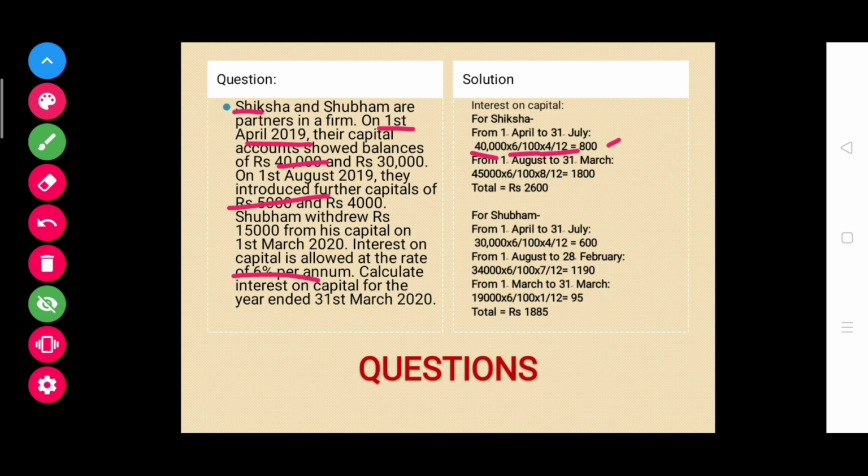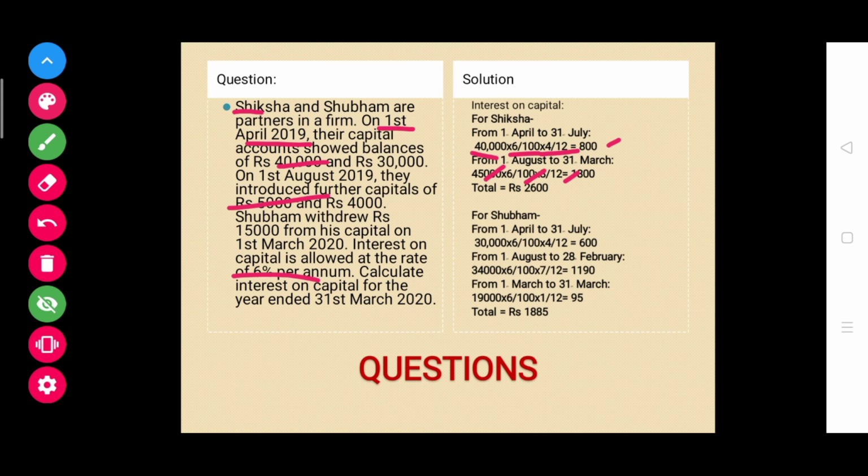If Shiksha has made addition to her capital, how much will be her new capital? It will be 40,000 plus 5,000, 45,000. And she has not made any change in further months. So 45,000 for 8 months at the rate of 6%.